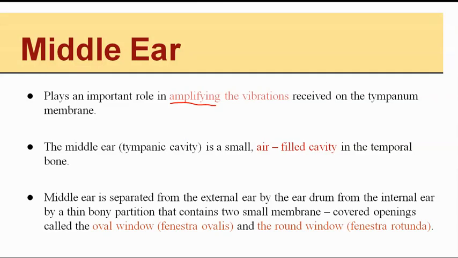The middle ear is separated from the external ear by the eardrum, and from the internal ear by a thin bony partition that consists of two small membranes. There is the oval window and the round window. The oval window is also called fenestra ovalis, and the round window is called fenestra rotunda.